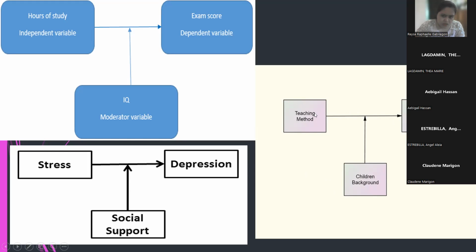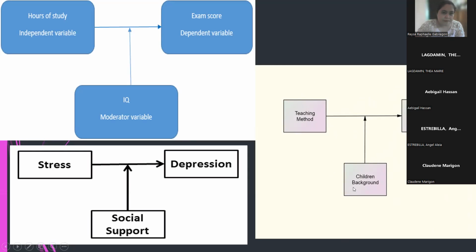Example, hindi naman talaga masyadong okay yung teaching method pero mataas pa rin yung academic performance kasi siguro yung bata, maganda yung study habit niya, yung support niya from the family, okay. So, kaya mataas pa rin yung kanyang academic performance. So, in this case, since ito lang talaga yung gusto nating malaman, si children background magiging moderating variable na lang siya.